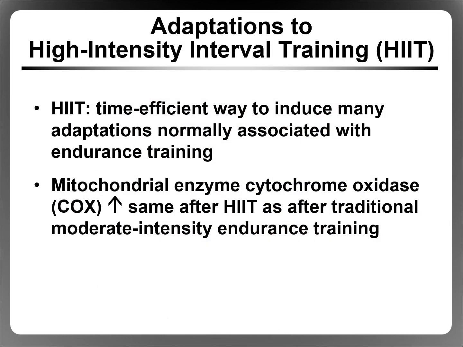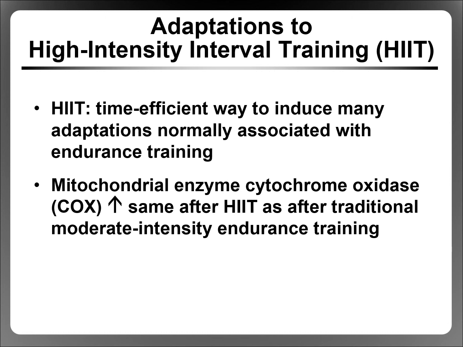All right, so the most common type of training for hitting some anaerobic and aerobic concepts is HIIT training, or high intensity interval training. This is the best bang for your buck physical activity because it's very time efficient and I can introduce lots of adaptations for endurance training through anaerobic training.